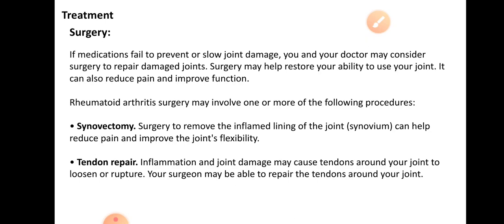First is synovectomy. Here, surgery removes the inflamed lining of the joint, that is, the synovium, and can help reduce pain and improve joint flexibility. The second is tendon repair. Here, inflammation and joint damage may cause tendons around your joint to loosen or rupture. Your surgeon may be able to repair the tendons around your joint.